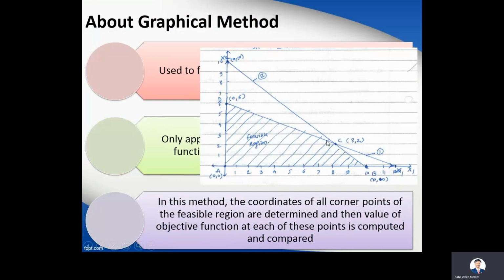This is my feasible region, all corner points you have to determine, and then the value of the objective function at each of these points is computed. For points A, B, C, every time you put the values of the coordinates in your objective function and check whether the objective function becomes optimum or not.